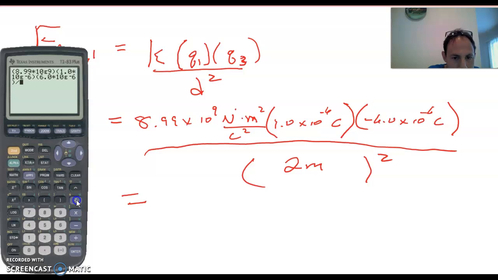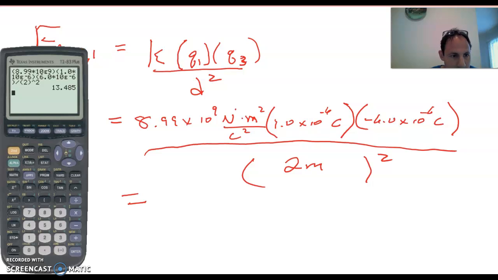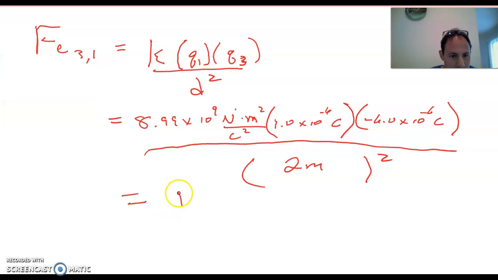Okay, divided by 2 raised to the second power. All right, and what do we get? 13.485, we'll say 13.49. 13.49 newtons. And this was positive, right?